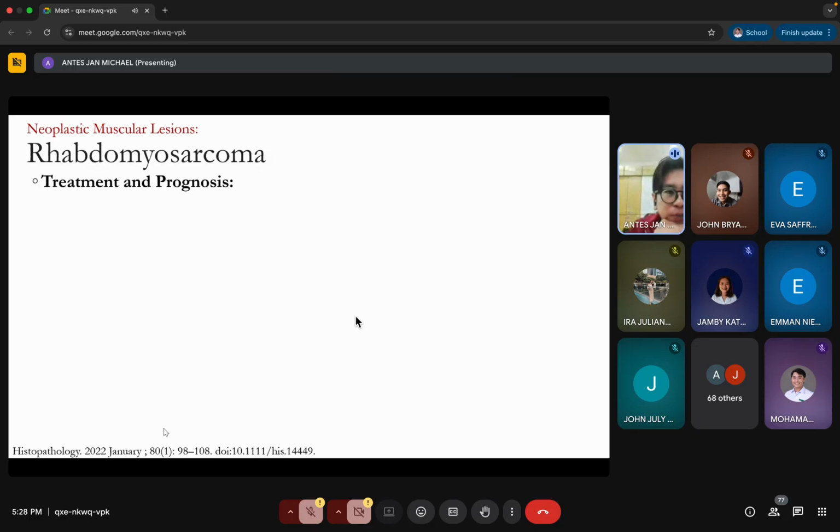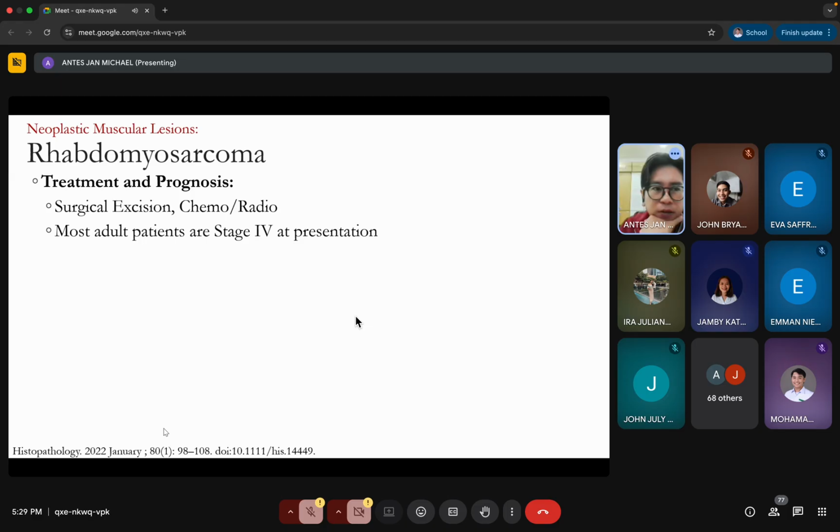So for rhabdomyosarcoma, I've mentioned before that the prognosis depends on what subtype is seen under the slide. Generally, rhabdomyosarcoma has a poor prognosis, 40 to 45% as a 5-year survival rate. But this is in general.